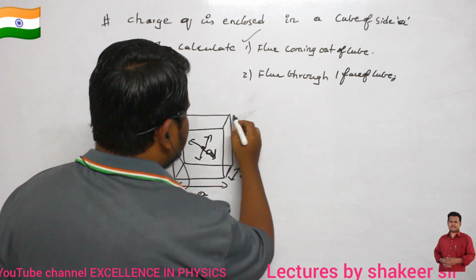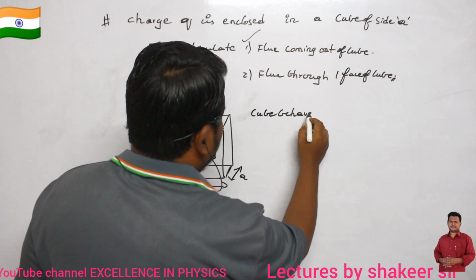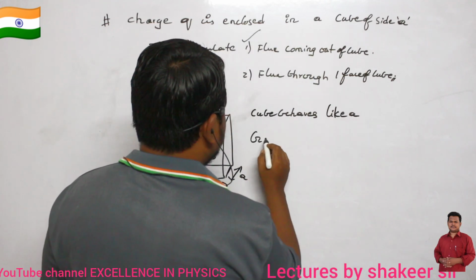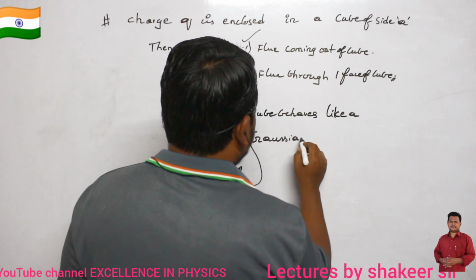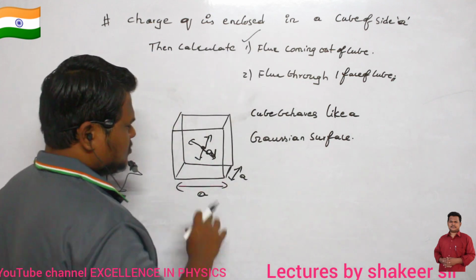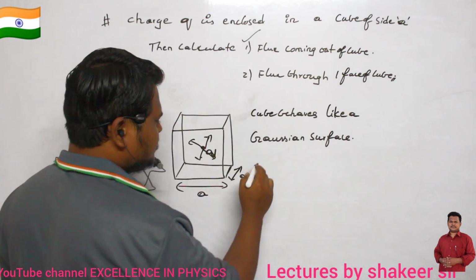So here I can write, cube behaves like a Gaussian surface. So what is the flux which is coming out of this total Gaussian surface?